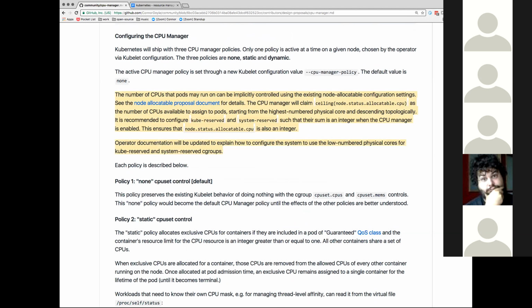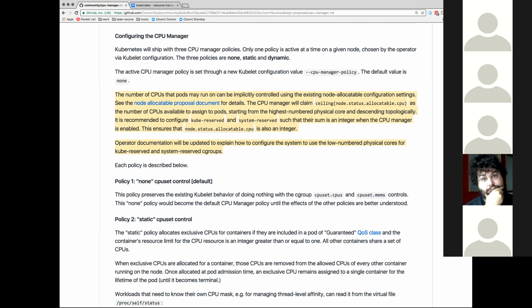That also allows you to set the CPU set for your system slice, or potentially in the future even use a simple isolcpus policy. Your high-numbered physical cores could potentially be reserved in that way.